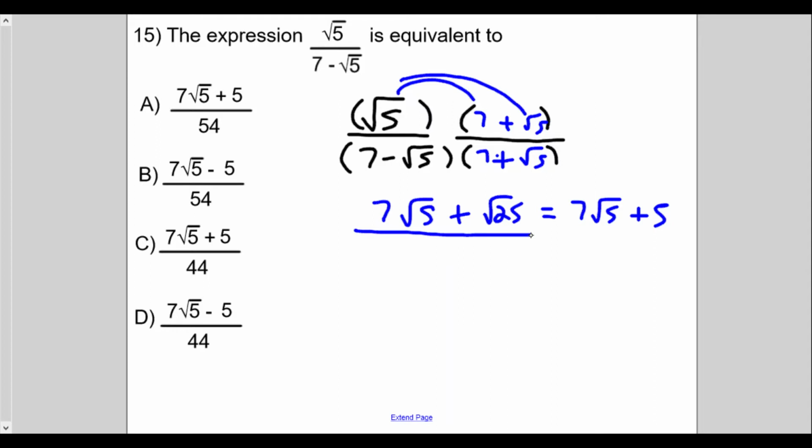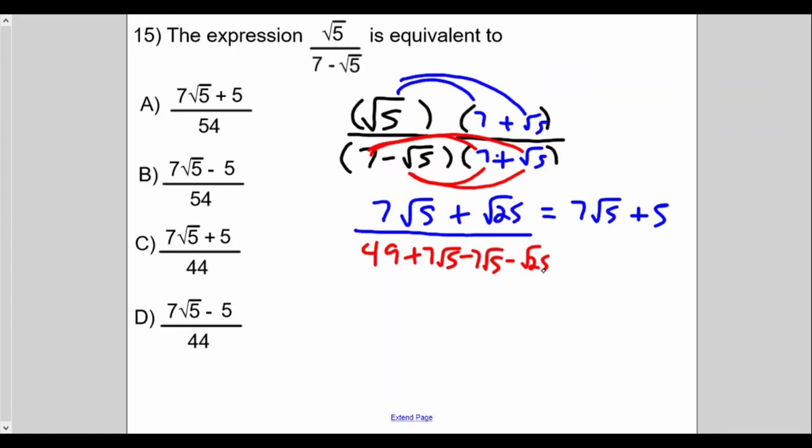So now we distribute here. 7 times 7, that's 49. 7 times positive square root of 5 is plus 7 square root of 5. Negative square root of 5 times 7 is minus 7 square root of 5. And negative square root of 5 times positive square root of 5 is going to be minus square root of 25.